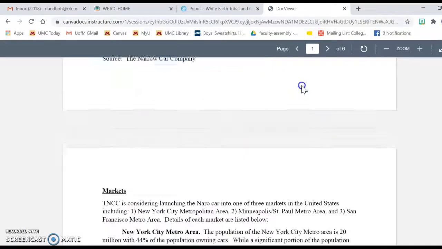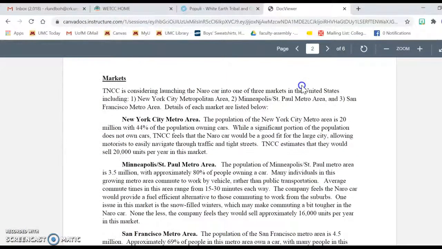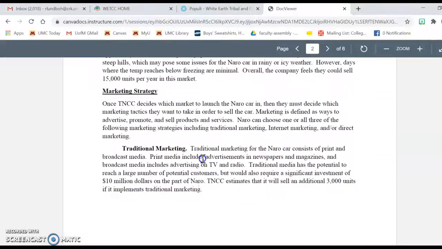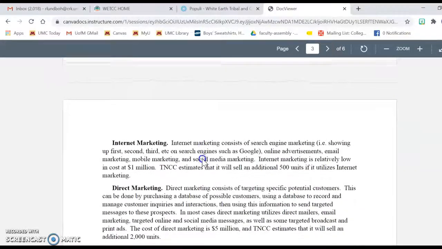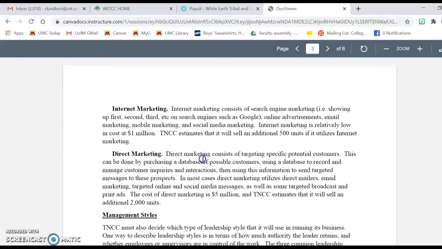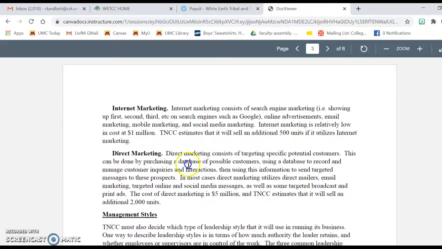Let's say that I chose to sell my car in the New York metro area. So I would know that I would sell 20,000 units per year. And let's say that I chose to use internet and direct marketing. I would know that my marketing costs would be 1 million and 5 million, so 6 million, but I would sell an extra 2,500 units.